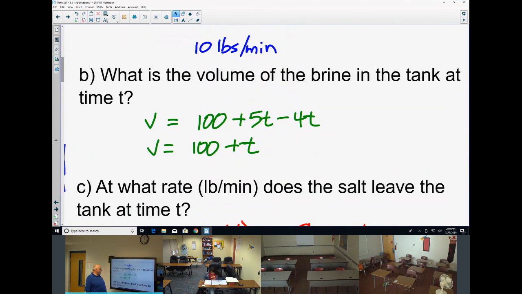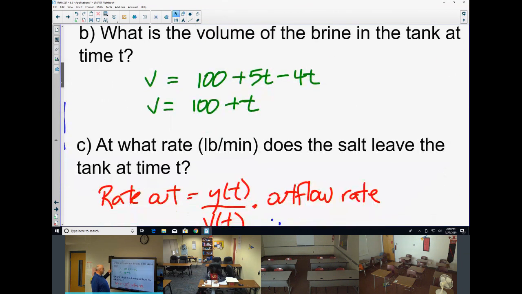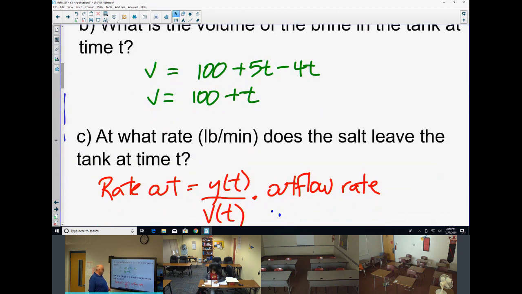So at what rate in pounds per minute does the salt leave the tank at time t? Okay, so this is going to be our equation. So the rate out is the y of t.